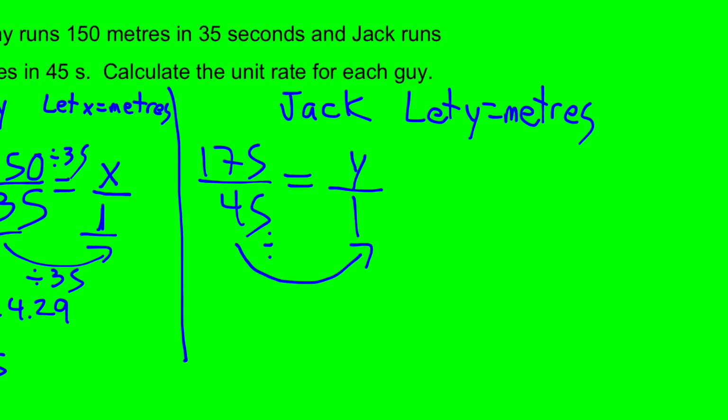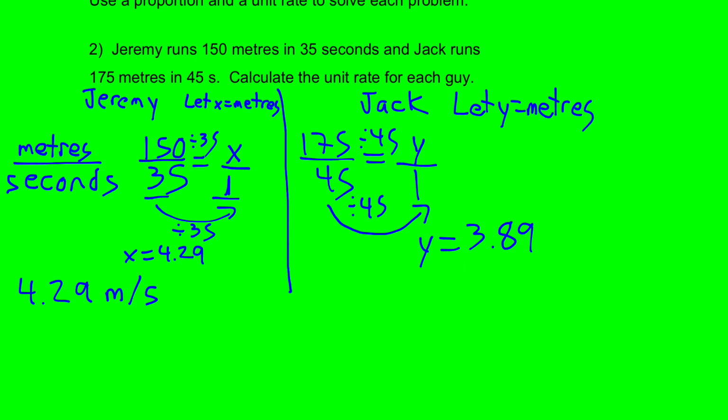I divide by 45 and do the same thing to the top: 175 divided by 45. In this section, I will let the kids use technology. When you round this off, you get y is equal to 3.89. To write this properly as a unit rate, we would say 3.89 meters per second.